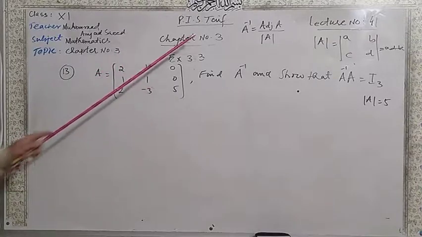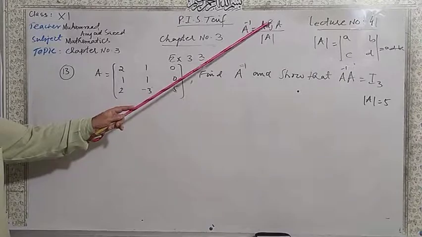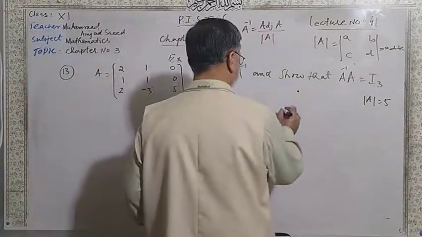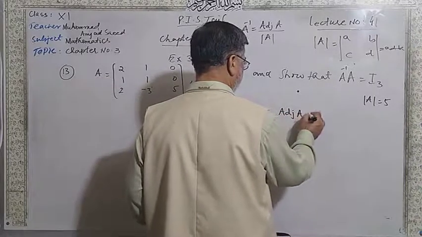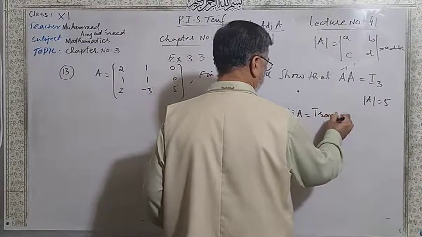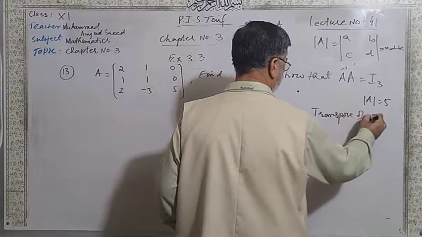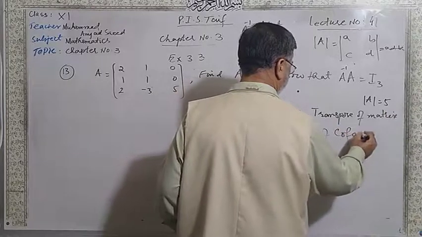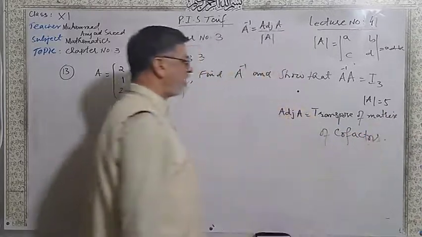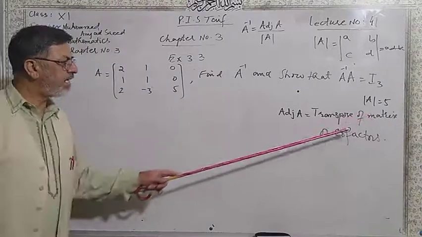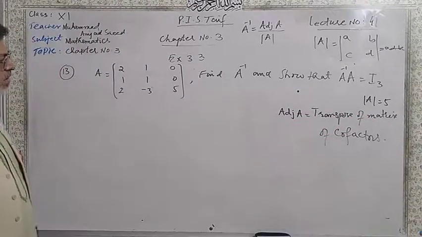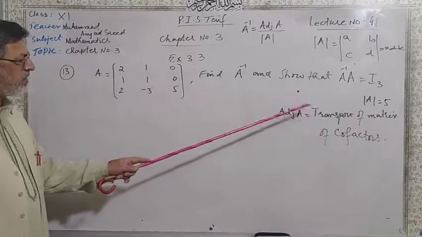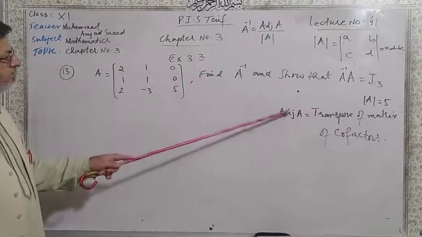And then adjoint A is equal to the transpose of the matrix of cofactors. Remember that first we will find the matrix of cofactors, then we will take its transpose, and it will become the adjoint.